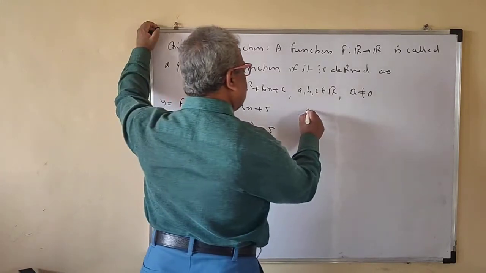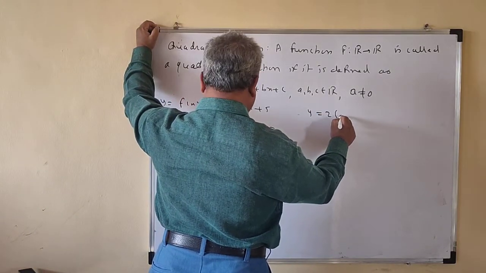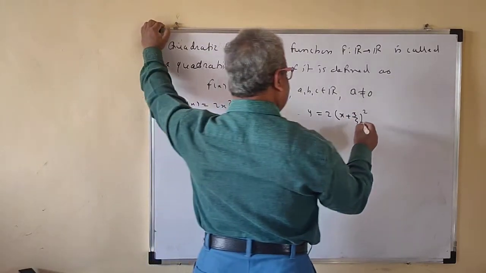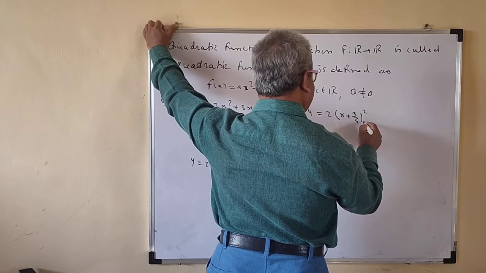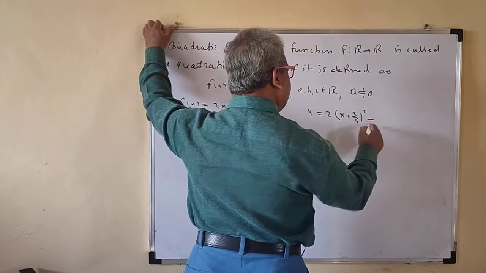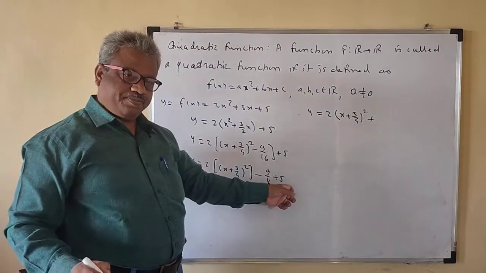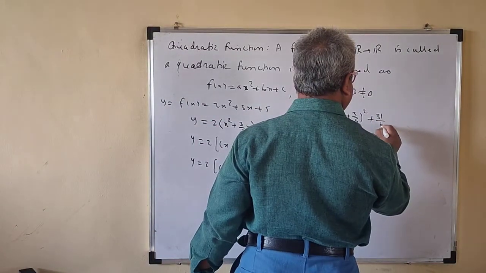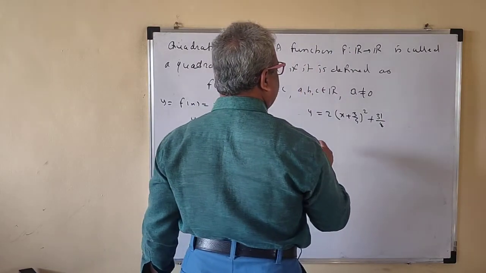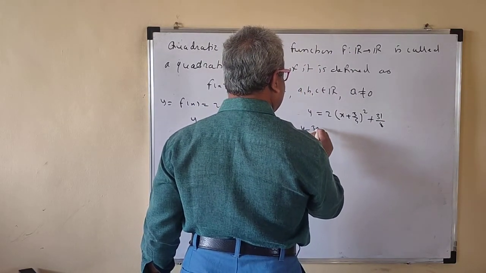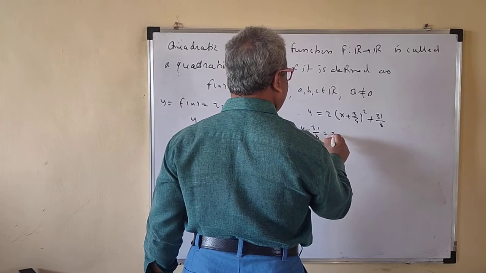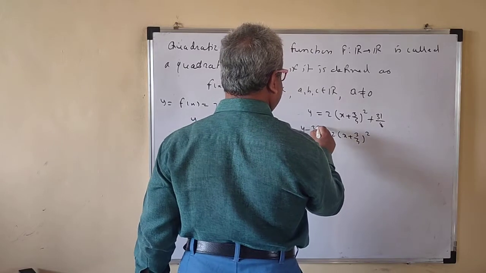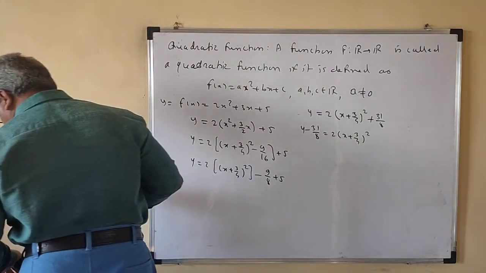Okay, so then y is equal to 2 into x plus 3 by 4 square, minus becomes plus now. This is 40. 40 minus 9 is 31. 31 by 8. Okay, so now y minus 31 by 8 is equal to 2 into x plus 3 by 4 square.